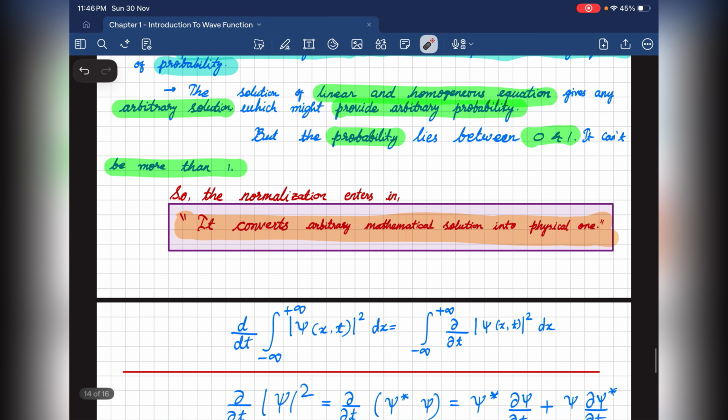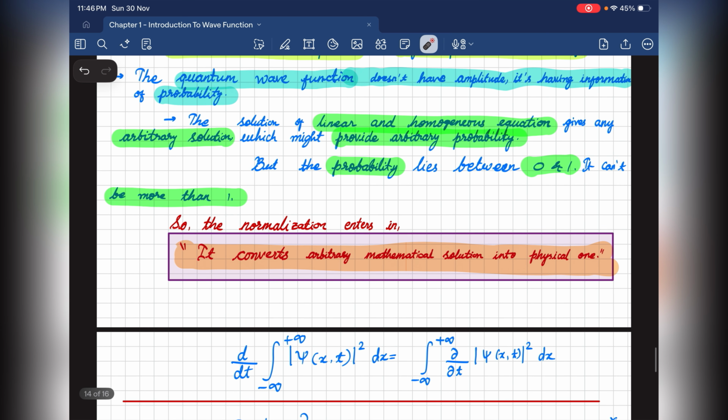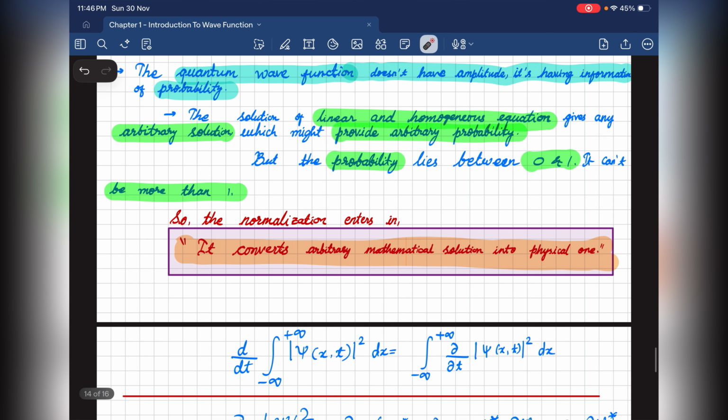Now, if psi evolves with time, will we be required to apply the normalization condition at every time, or is it enough to impose it only once on the Schrödinger solution to give physically possible results?